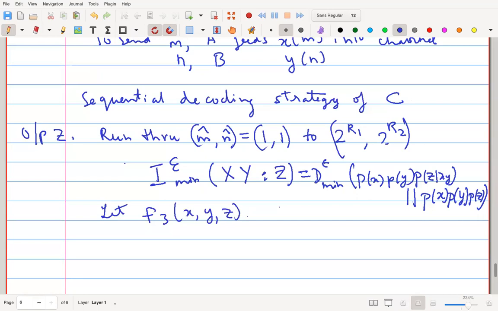For every symbol triple x y z, the hypothesis test prescribes a number between 0 and 1. The interpretation is that if we see this particular symbol triplet XYZ, we accept it with probability F3 of XYZ. Let this be the optimal hypothesis test.